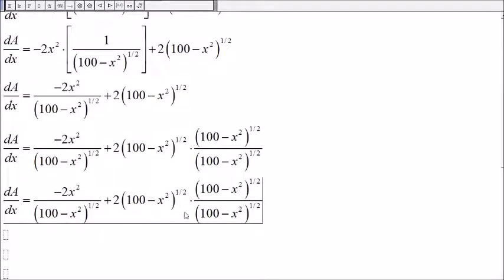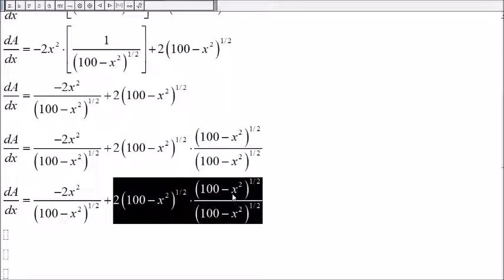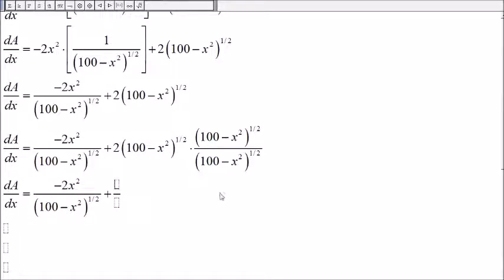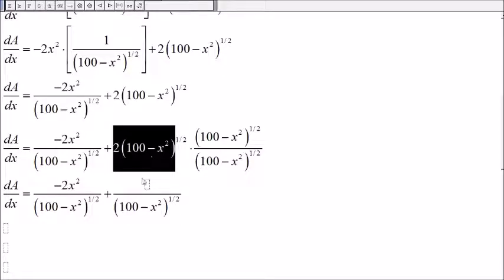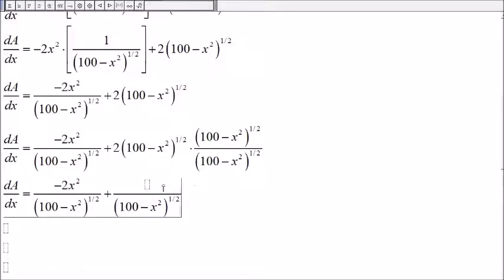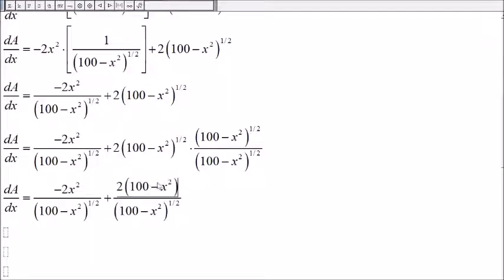Now at the bottom, we're just going to have 100 minus x squared to the 1/2, and the top is 2 times this times this. Here the bases are the same, 100 minus x squared, so in multiplying we add the exponents. 1/2 plus 1/2 is 1.